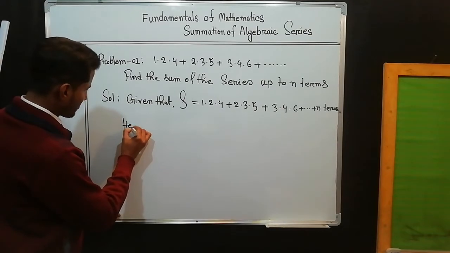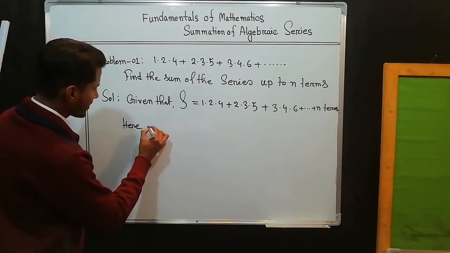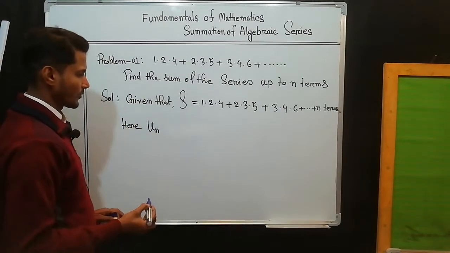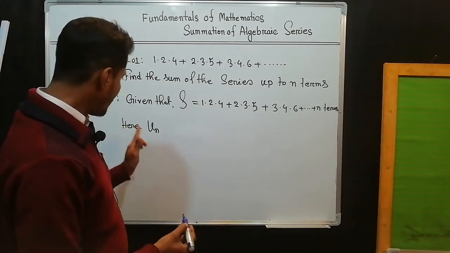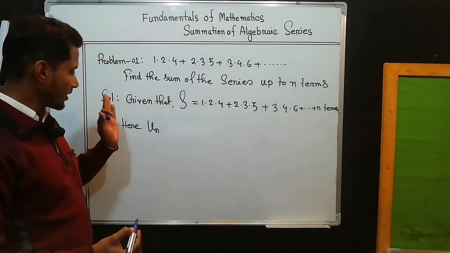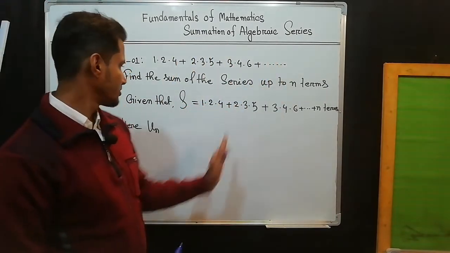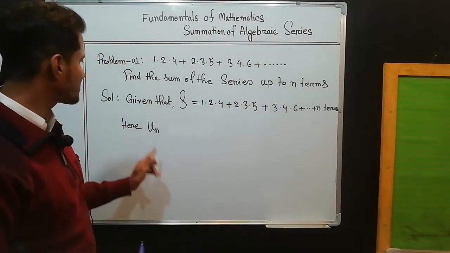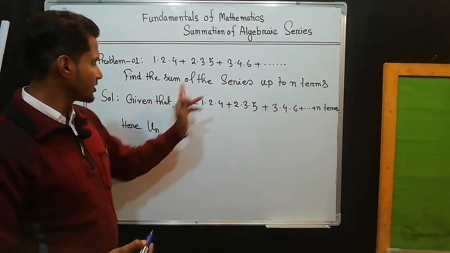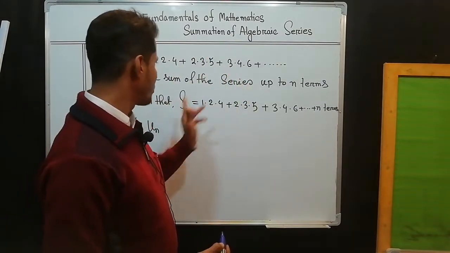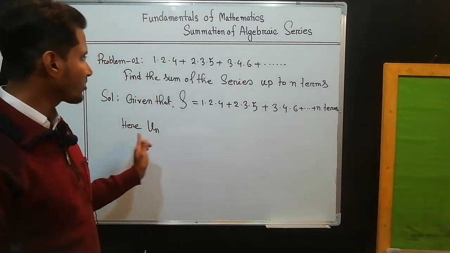Here, what is Un? Un is the nth term. The first term is U1, the second term is U2, the third term is U3, and up to the nth term is Un.